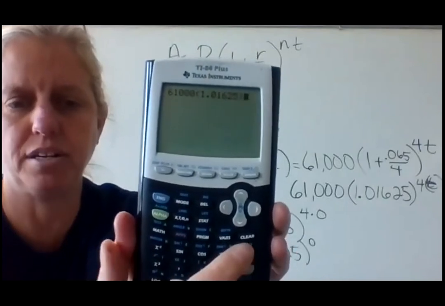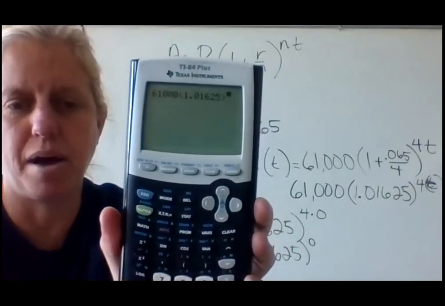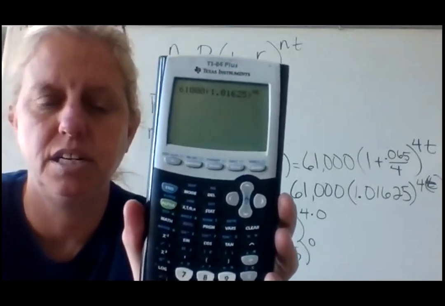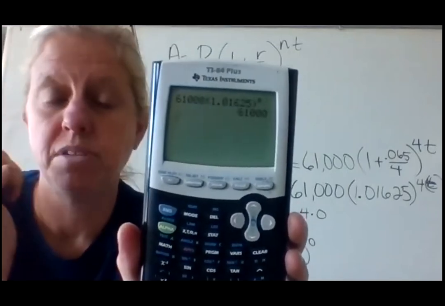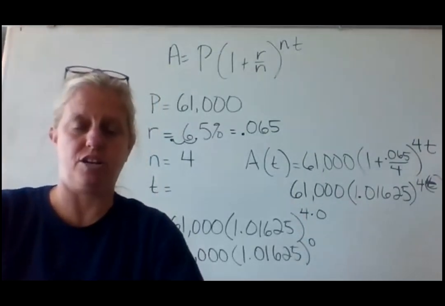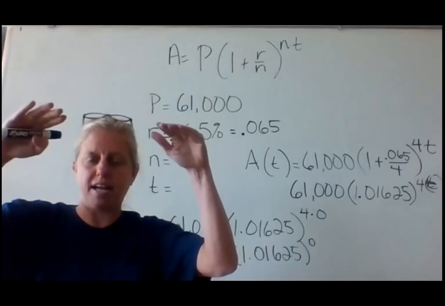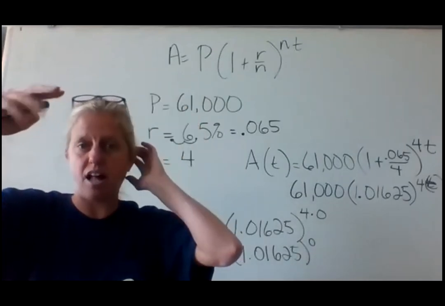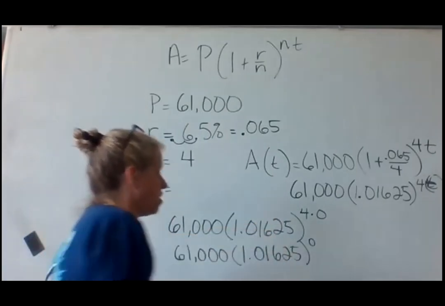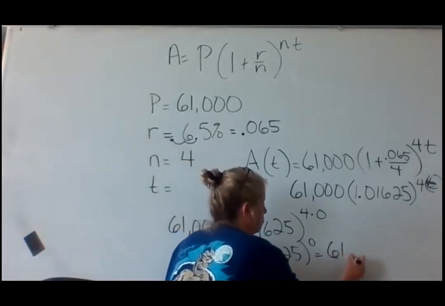Go up in my exponent, and my exponent is 0, right? Look what you get: 61,000. Doesn't that make sense? You're not going to be able to walk up to a bank, deposit $61,000, and it immediately has made money, right? So after 0 years, it's still 61,000.